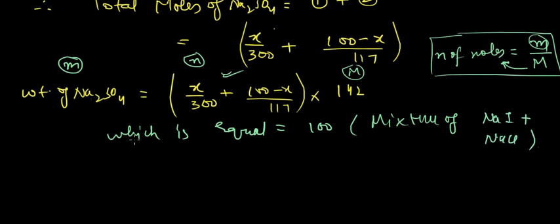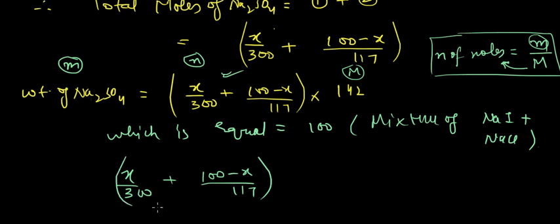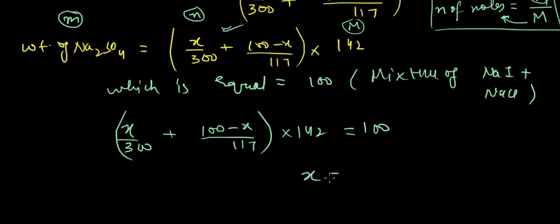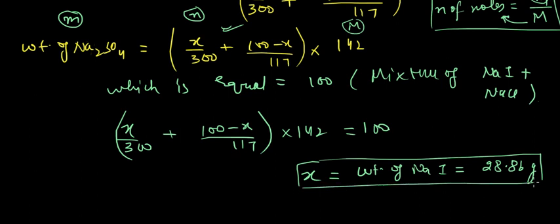So just equate this to 100 and get the value of x. It is a simple high school algebra problem. The weight of x, which is the weight of NaI, should come out to be 28.86 grams. You can just solve this equation and verify your answer here.